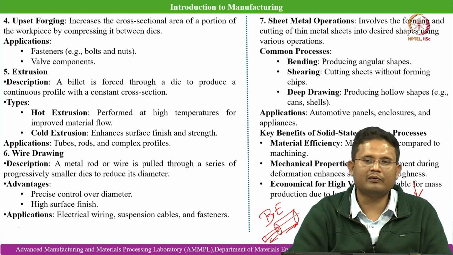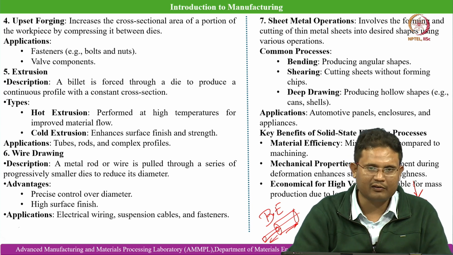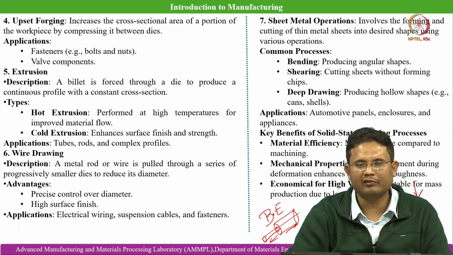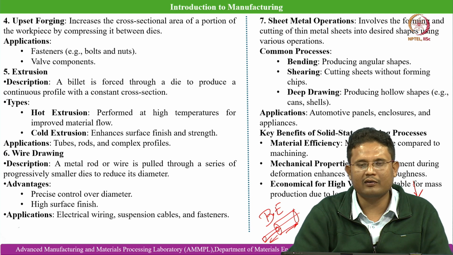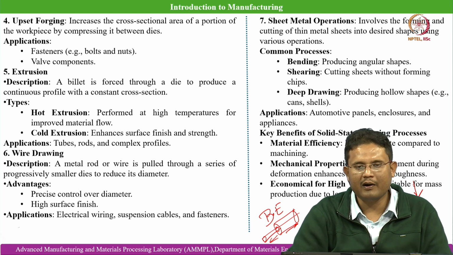There are some benefits associated with solid state forming processes compared to the liquid state processing, that is casting, that I just discussed before this. The benefit is that in this case the wastage of material is much lesser. In casting, as I discussed, we need to remove the different non-functional parts after solidification.